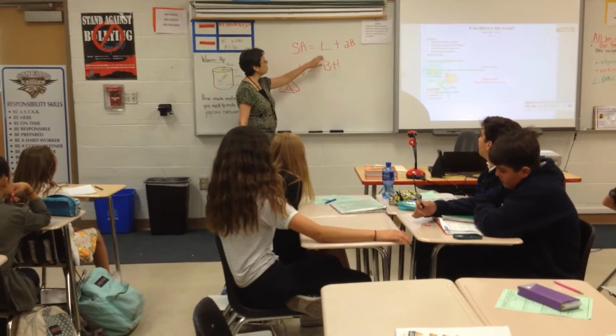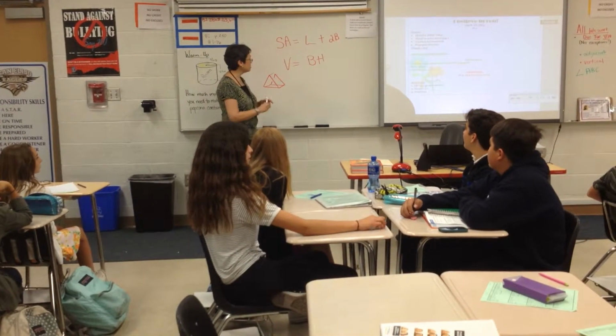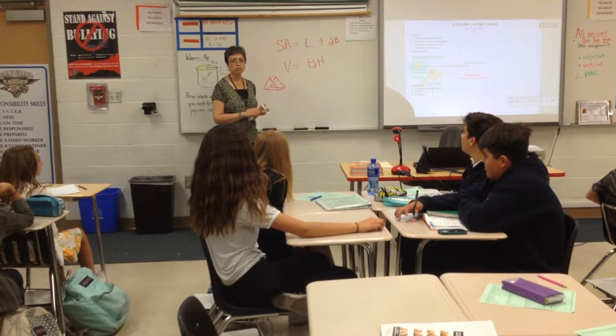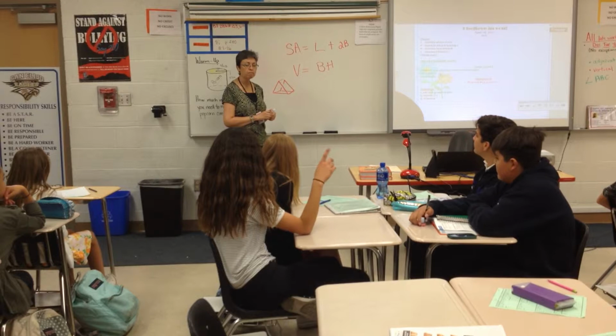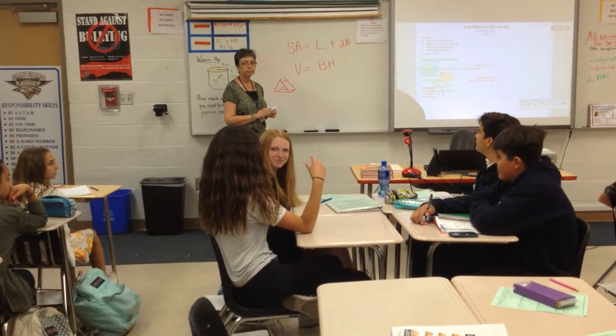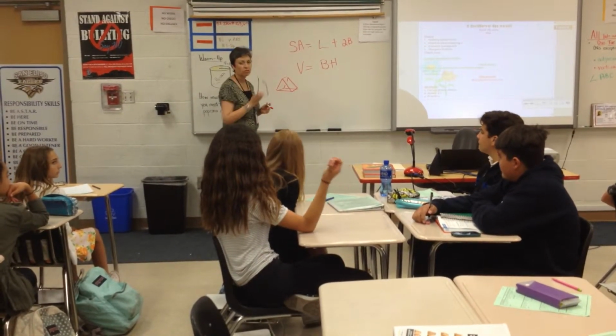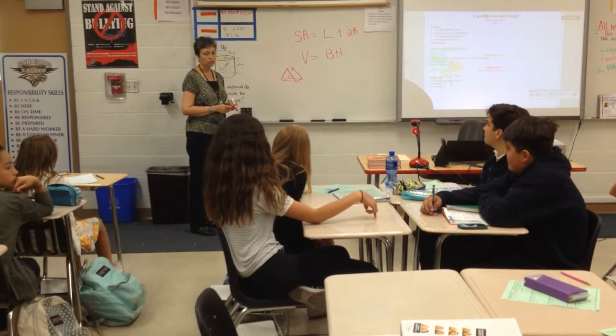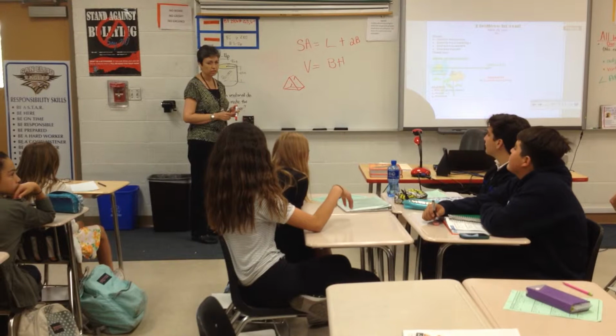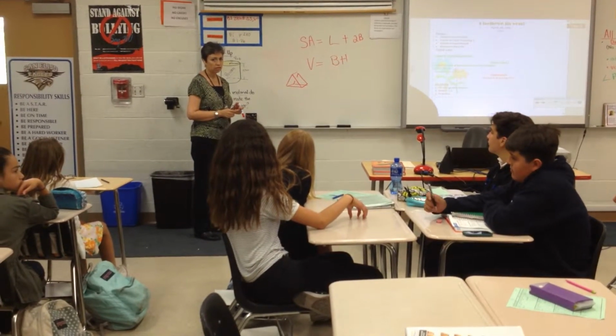Okay, so when you say half base times height, what are you talking about? You know how you multiply base times height, and then to find the area of a triangle, you do base times height divided by 2, because it's half of a rectangle or square. Okay.